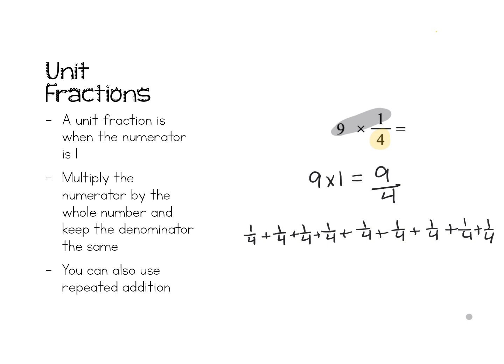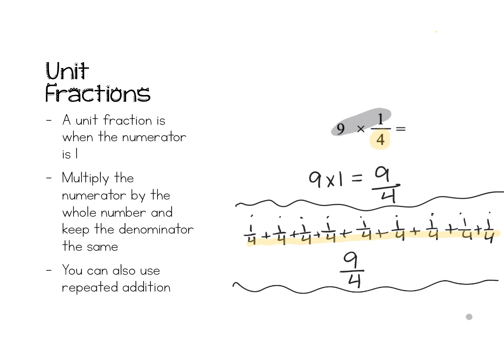And here I'm just adding fractions that all have the same denominator. So I keep the denominator the same and I add the numerators. So 1, 2, 3, 4, 5, 6, 7, 8, 9. So either way, I get the same answer.